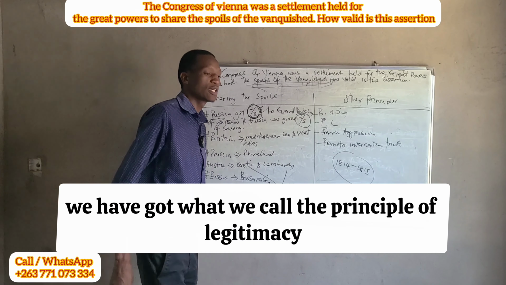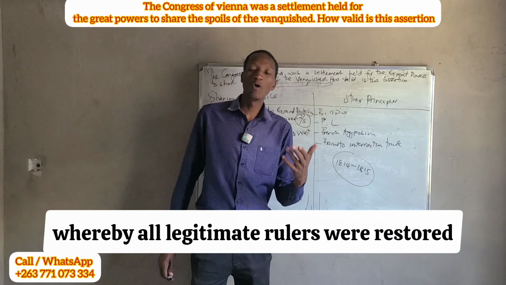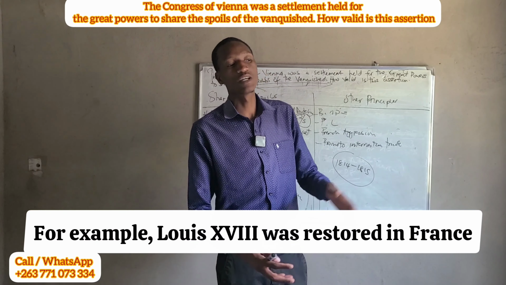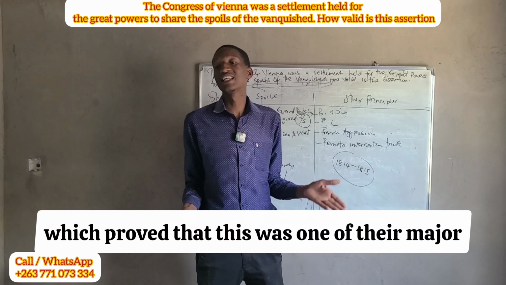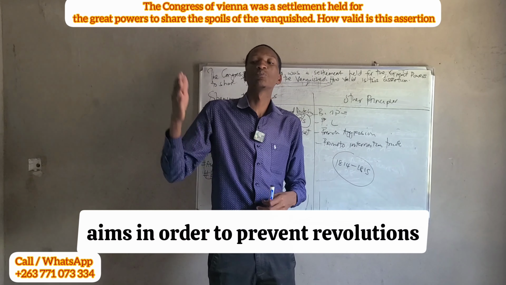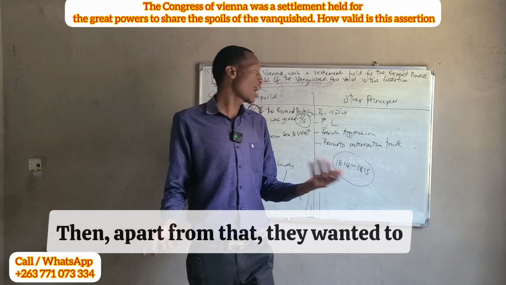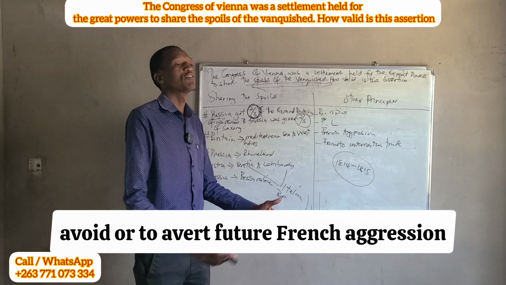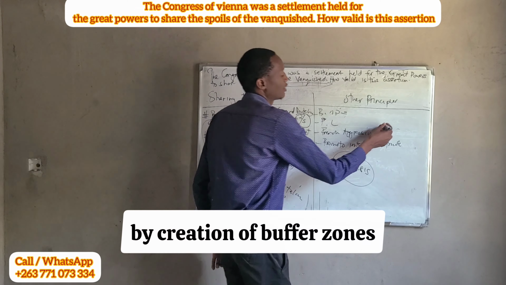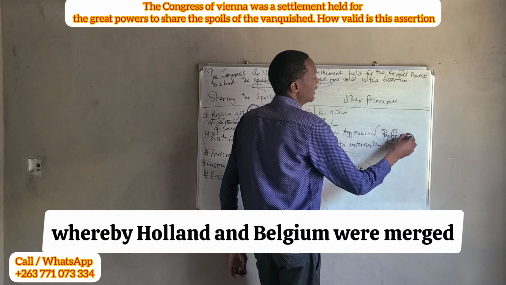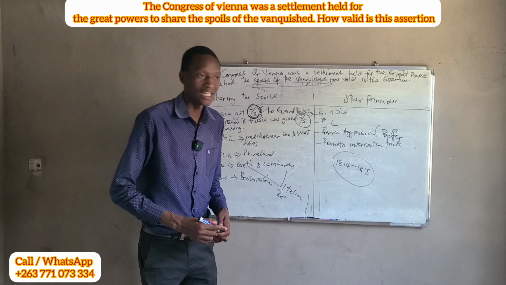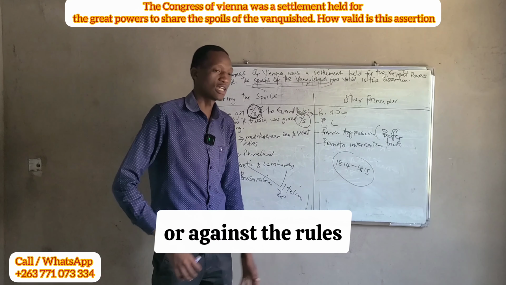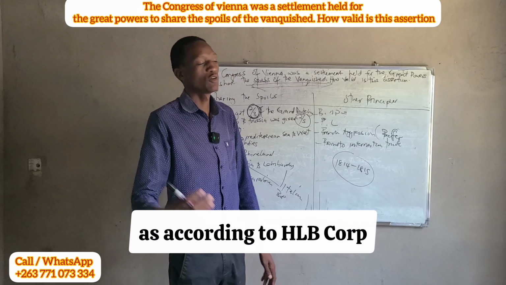Furthermore, we have what we call the principle of legitimacy, whereby all legitimate rulers were restored to their thrones. For example, Louis XVIII was restored in France, which proved that this was one of their major aims in order to prevent revolutions. And then apart from that, they wanted to avert future French aggression by creation of buffer zones, whereby Holland and Belgium were merged so that France could not act against the rules and regulations of the great powers, according to H.O. Peacock.